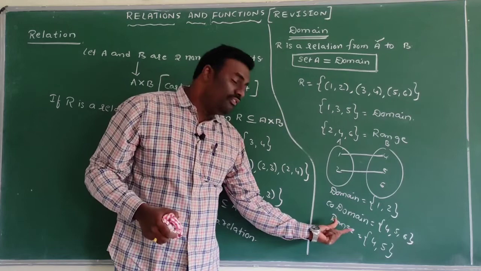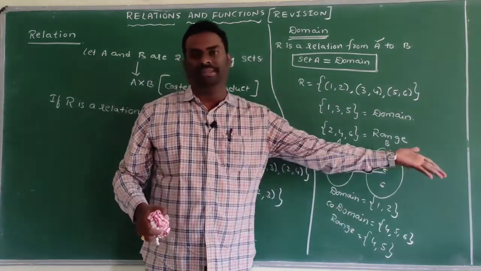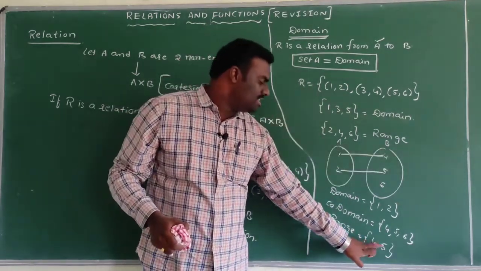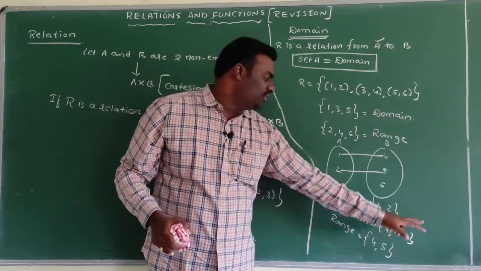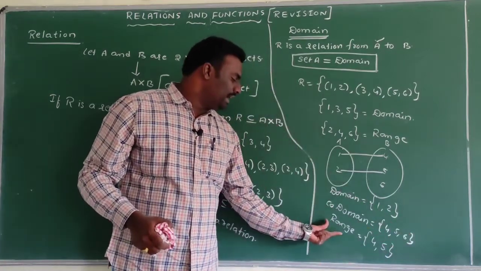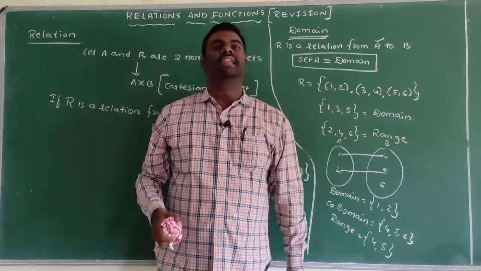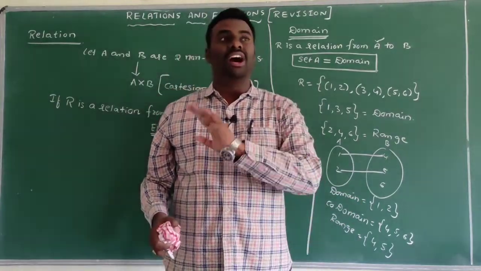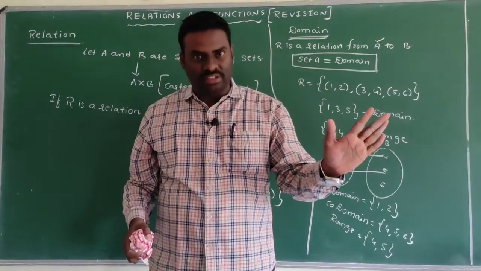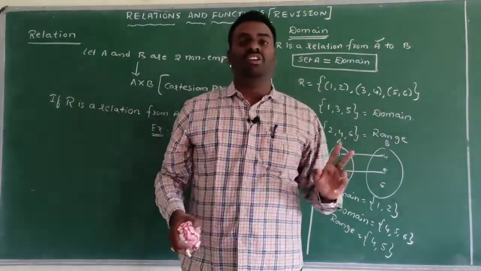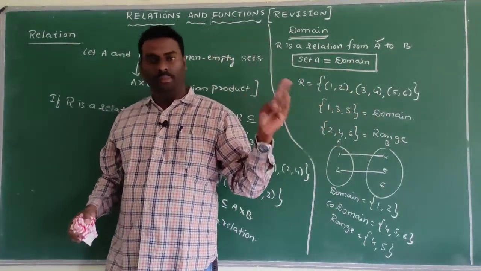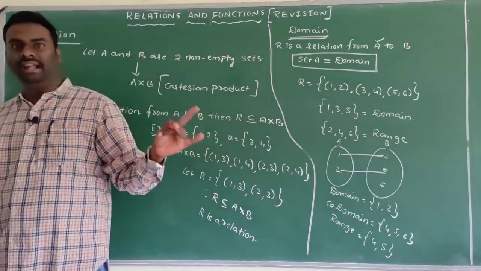Range is always a subset of codomain. Why? Because range is 4, 5, codomain is 4, 5, 6. That's why we can write range is a subset of codomain, but range and codomain are not always equal. So this is the definition of a relation: domain, codomain and range.